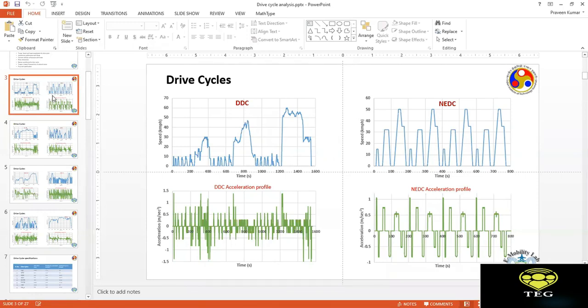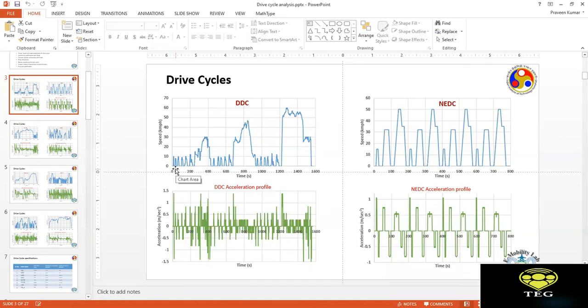Now here comes one very important thing. At low speeds, any prime mover, be it an engine or a motor, the efficiency would be very low. So, low speed coupled with frequent stops. If it had been just 10 kilometers per hour for a longer duration without frequent braking, it would still have been okay.